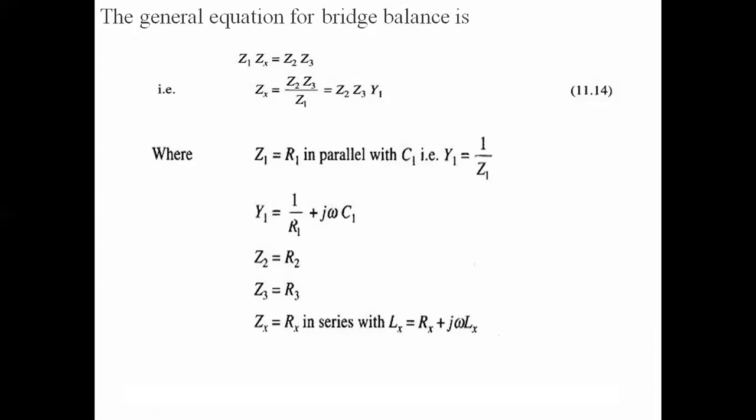And Z2 is equal to R2, Z3 is equal to R3, and Zx is equal to Rx in series with Lx, which is represented as Rx plus j omega Lx.